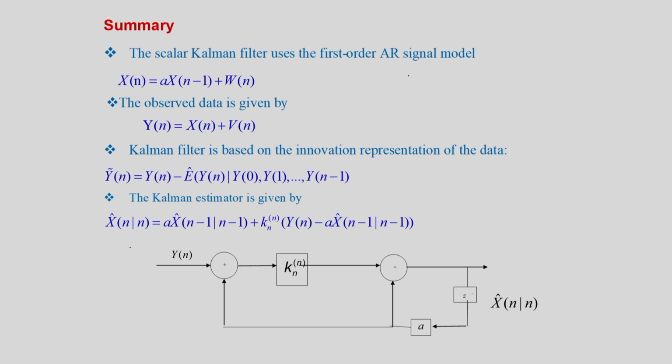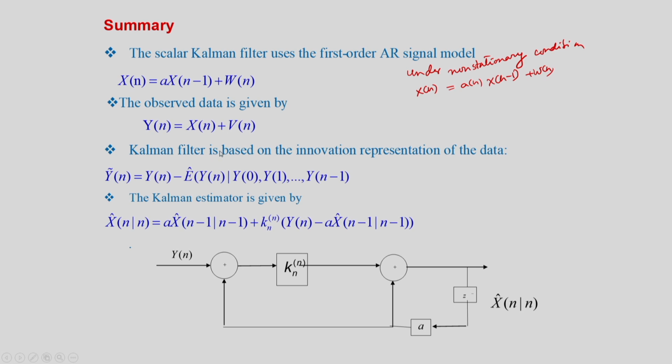So, under non-stationary condition, Xn will be equal to An times x of n minus 1 plus Wn. The observed data is given by Yn is equal to Xn plus Vn, where Vn is independent of Xn and Vn is independent of this Wn.